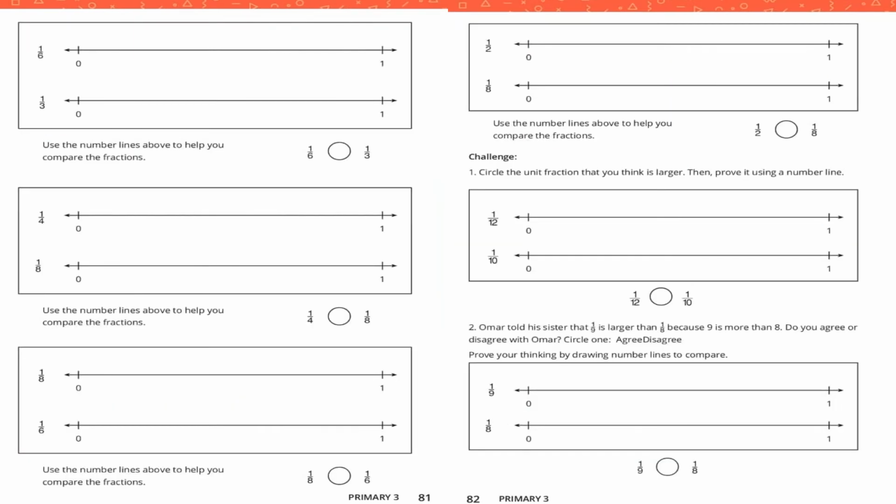Let's complete the previous example, comparing between 1 over 6 and 1 over 3. Let's represent each fraction. 1 over 6, it means 6 as a denominator, it means 6 equal parts. So you should split this number line into 6 equal parts. By making how many dashes to make 6 equal parts?